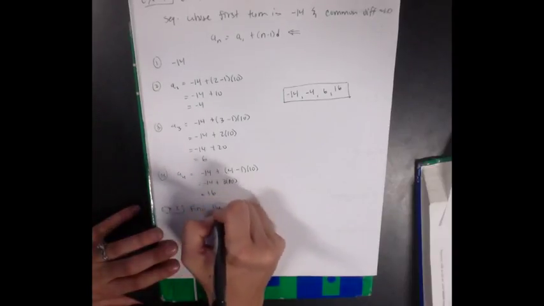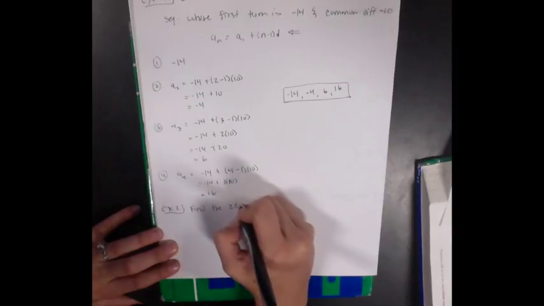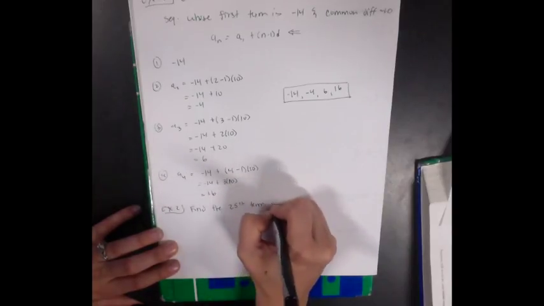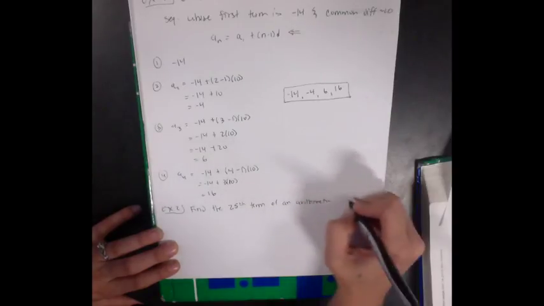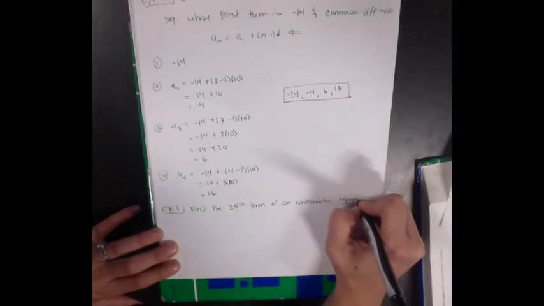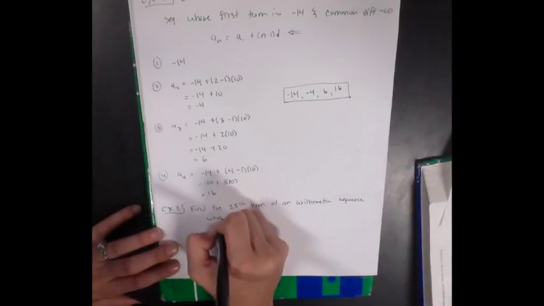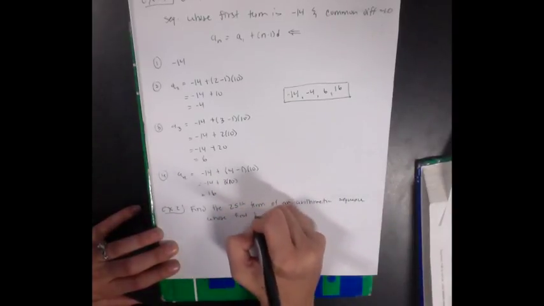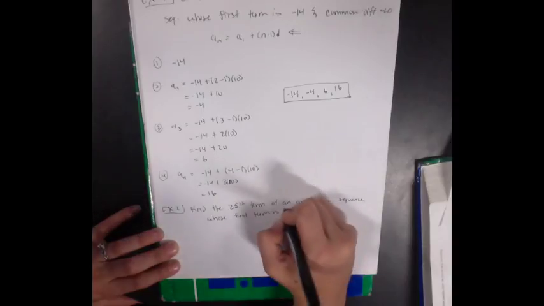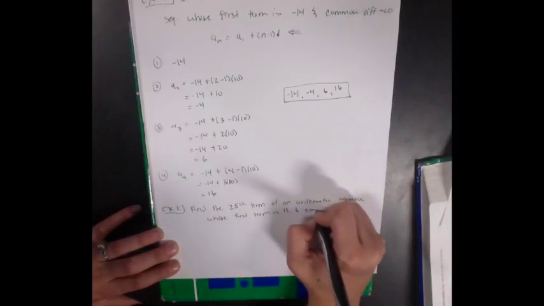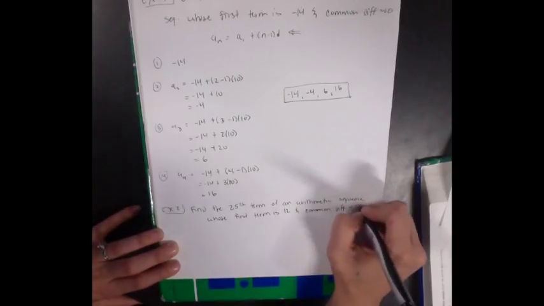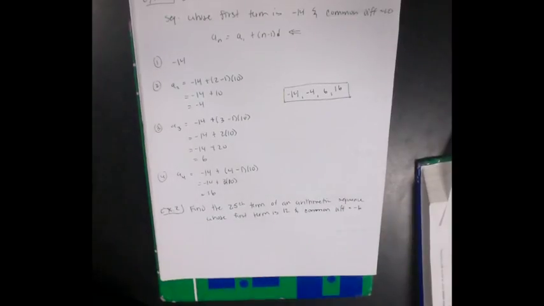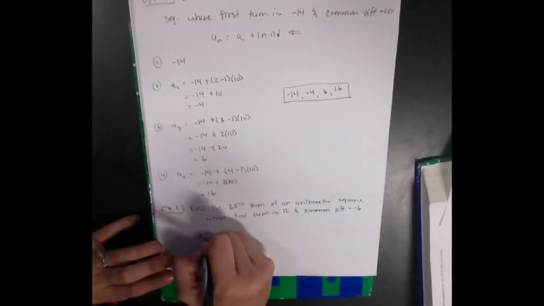Find the 25th term of an arithmetic sequence whose first term is 12 and common difference is negative 6. So we're looking for a sub 25.